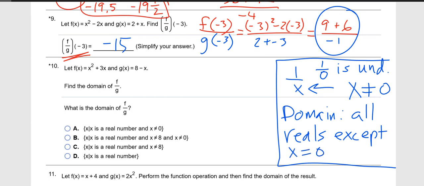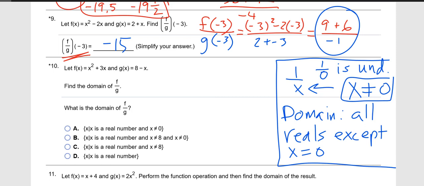Some of the questions are going to say it like that. Some of the questions are going to say it different than that. Some of them are going to use this kind of notation, x does not equal 0. But hopefully you get the idea that the only number in the universe that you can't use for that little simple fraction is 0. You can use anything else.